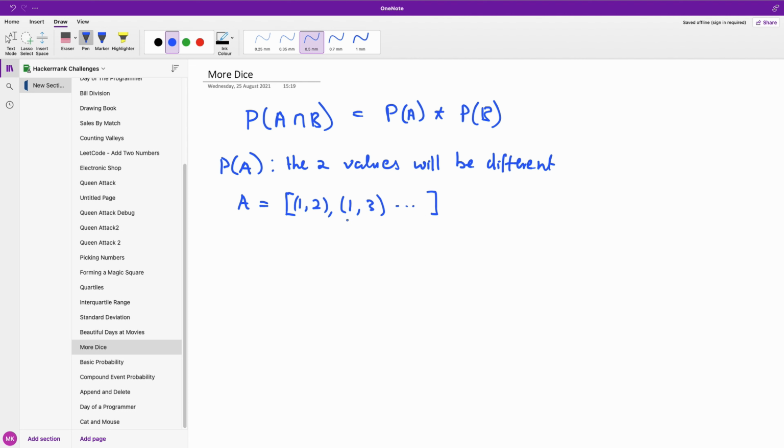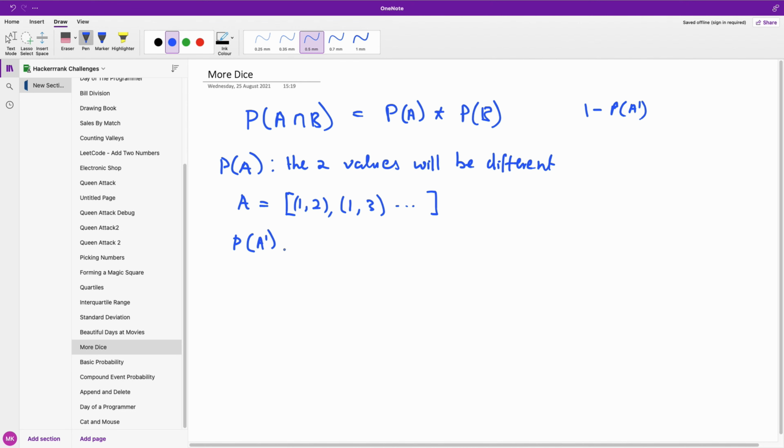We can go ahead and calculate all these values, but the easiest thing is to calculate when the two values will be the same. I think I applied this method before. Once we get the probability that the two values will be the same, which is the probability of A bar, we can subtract: 1 minus the probability of A bar gives the probability of A.